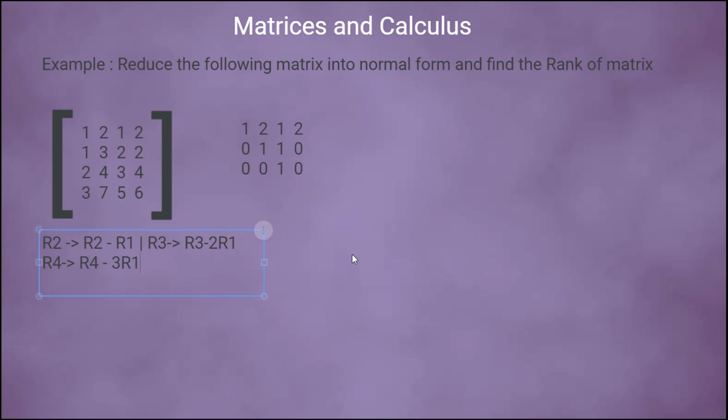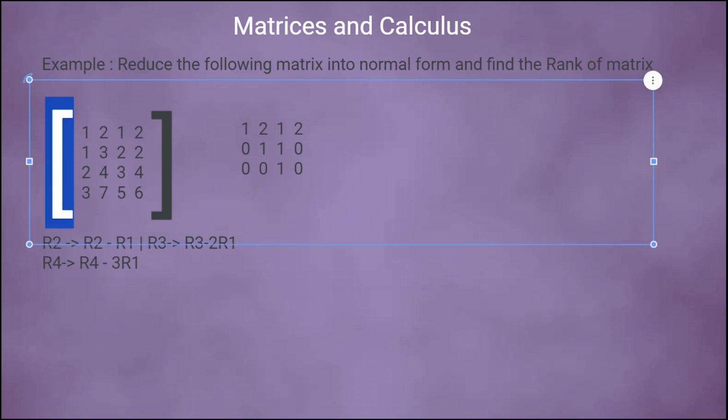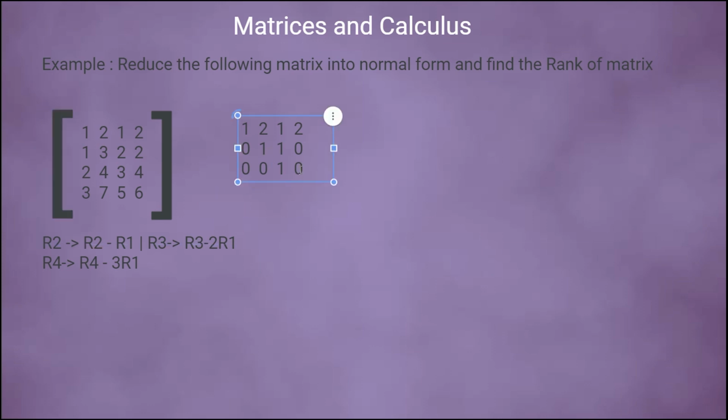Okay, yes, 3 minus 3 into 1, that is 3. And next 7 minus 3 into 2, 7 minus 6, that is 1. And next 5 minus 3 into 1, that is 3. 5 minus 3 equals 2. And next 6 minus 3 into 2, that is 6. 6 minus 6 equals 0.